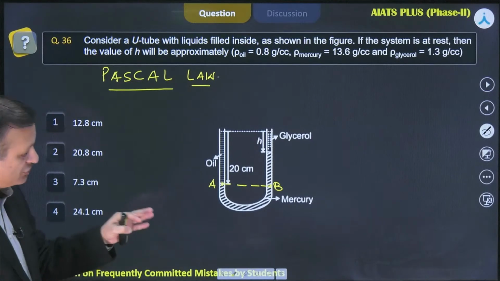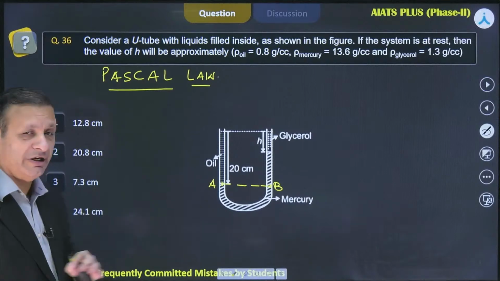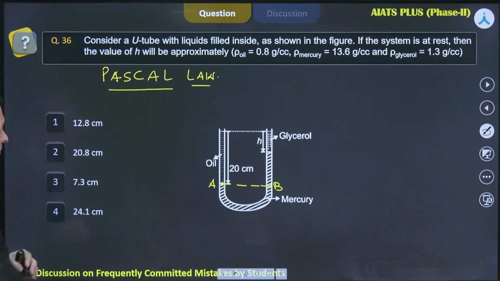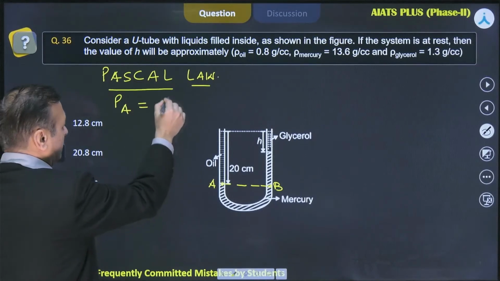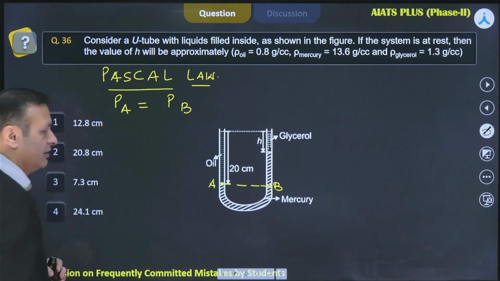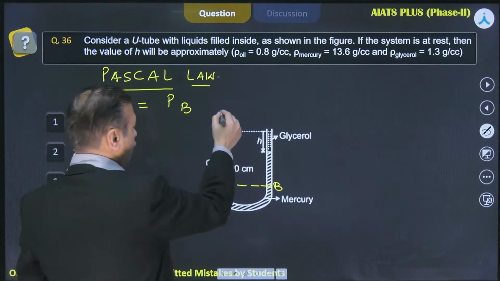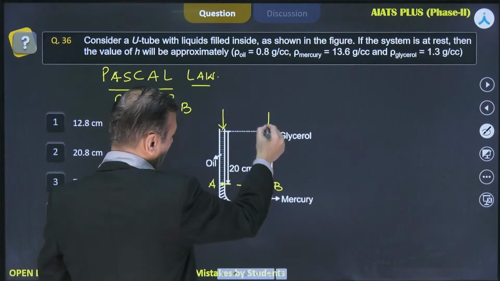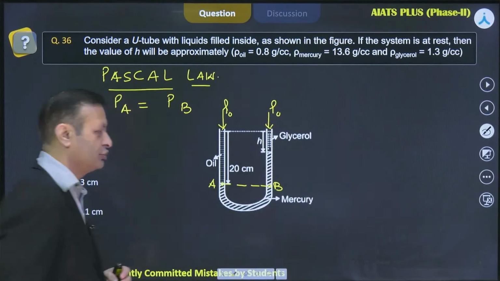So I would rather suggest you, if you are carrying something to write, please note it down. So Pascal law says these 2 points are in the same liquid at the same level, so pressure at point A is equal to pressure at point B. These 2 tubes are open, so on both the sides we have atmospheric pressure.